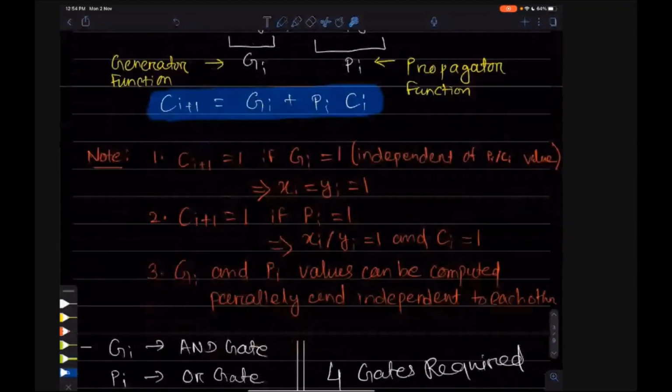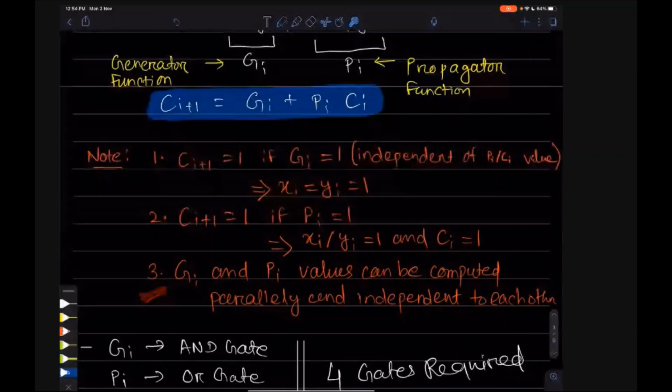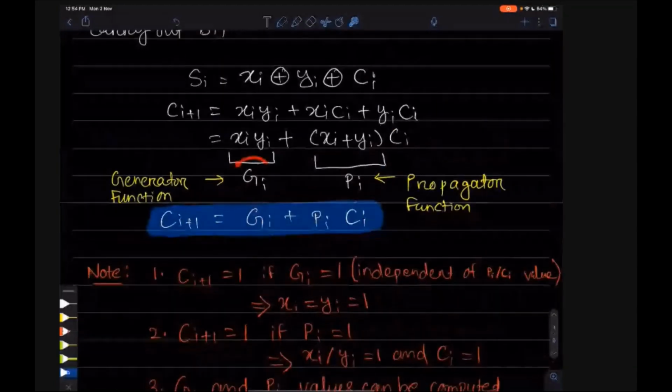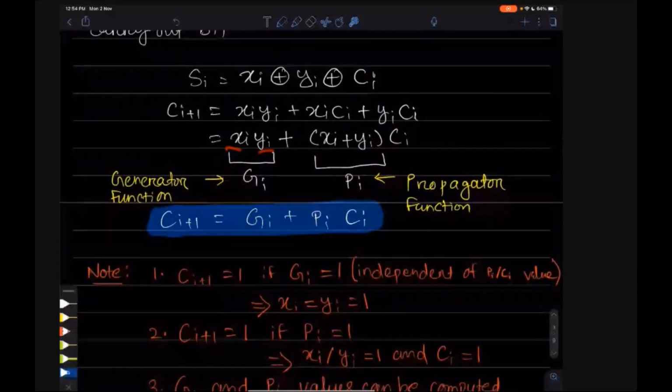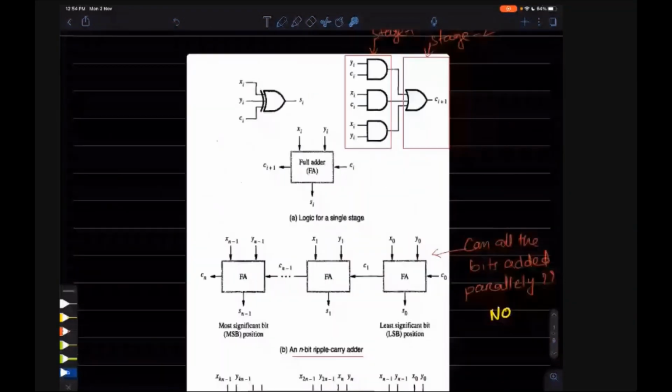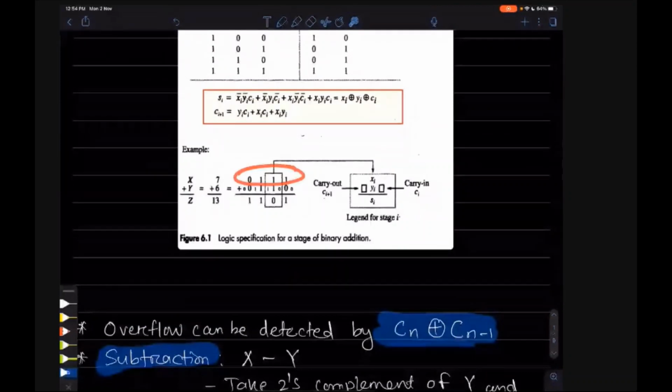Okay, next, the third note is that Gi and Pi values can be computed in parallel and independent of each other. That is a very important thing. Check: what is Gi? Gi is xi AND yi. What is Pi? xi OR yi. And we know xi and yi from the beginning. This is x, this is y. We know the two numbers for addition.